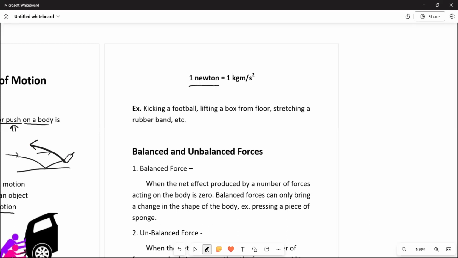1 Newton of force is equal to 1 kg meters per second square. Now, what does this mean?